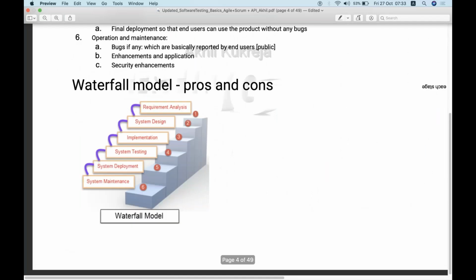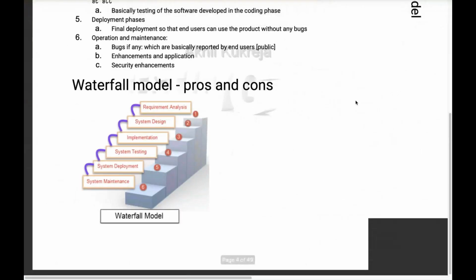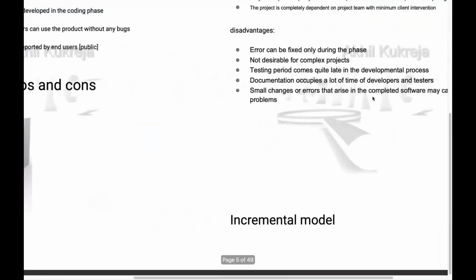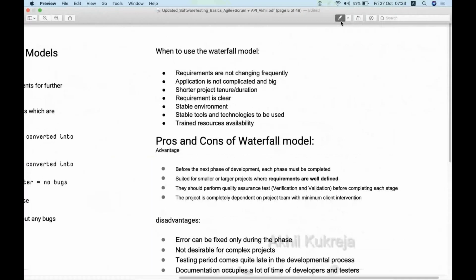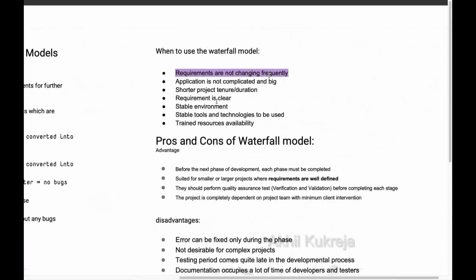All right. So I'll just highlight which exactly we would be now worrying more about. Requirements should be clear, stable environment, trained resource availability, and then stable tools and technology to be used.